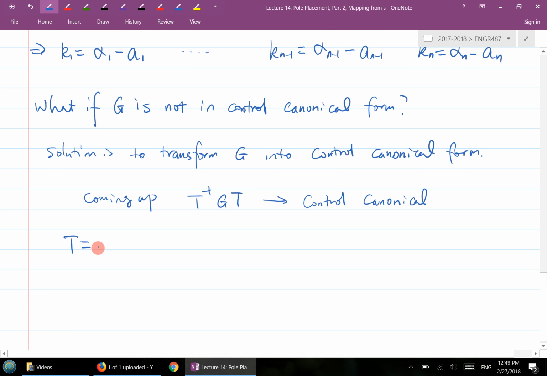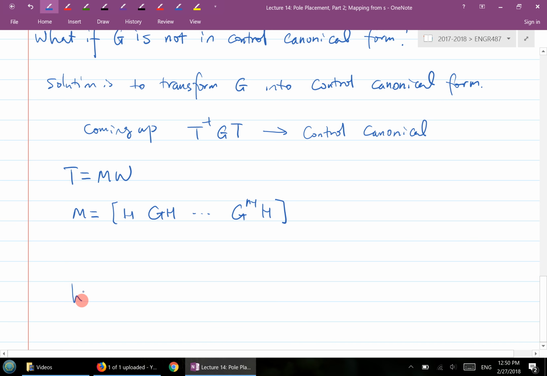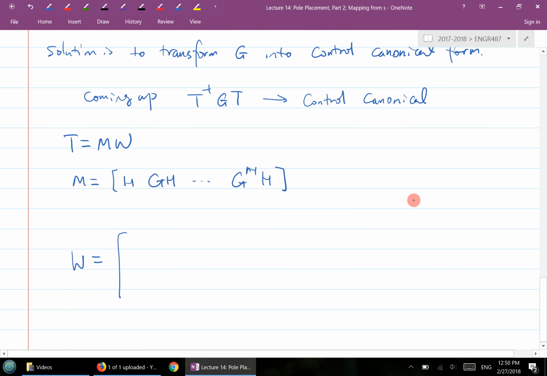The T here will be given by a multiplication of two matrices, M times W, and M here is this matrix. Can anybody tell me what the M matrix actually is? Controllability matrix, right? Yes.